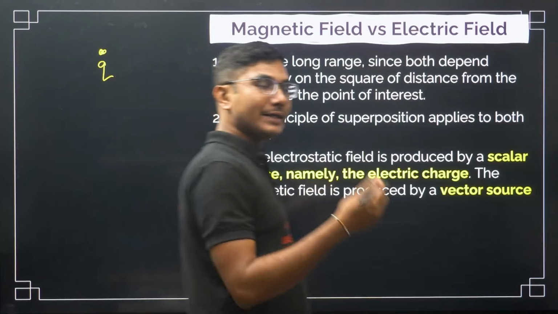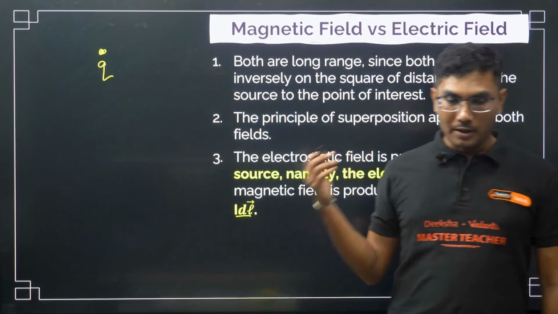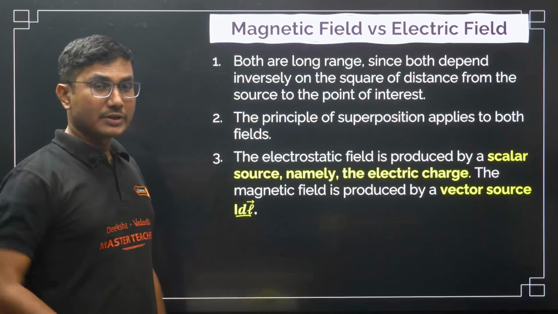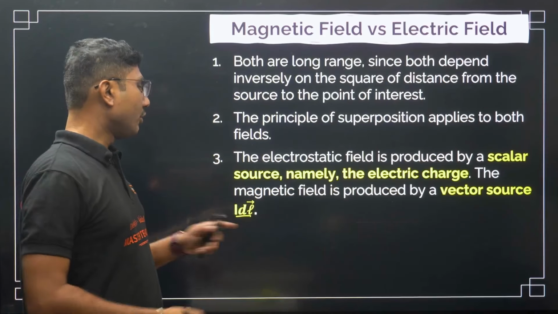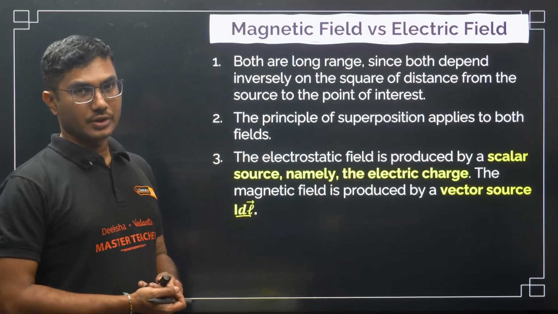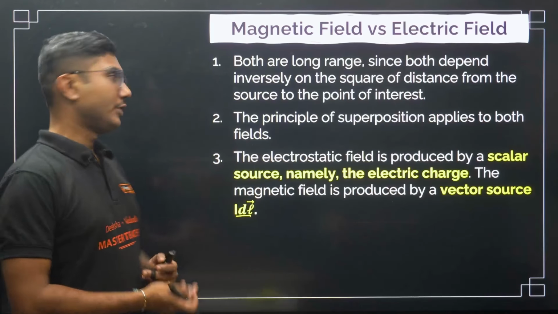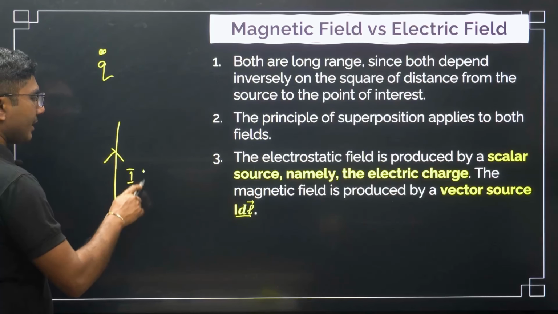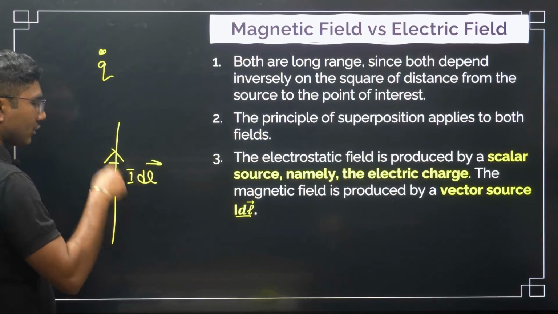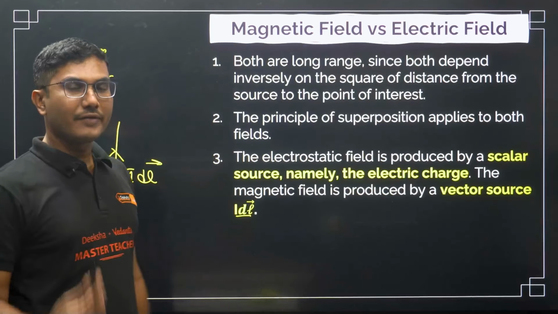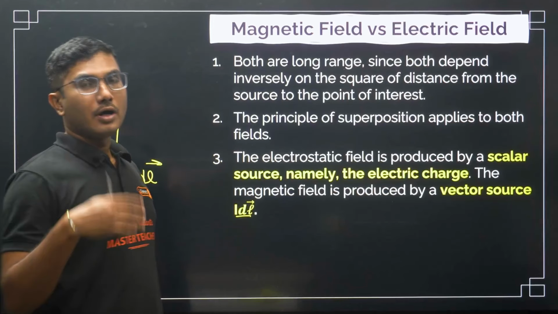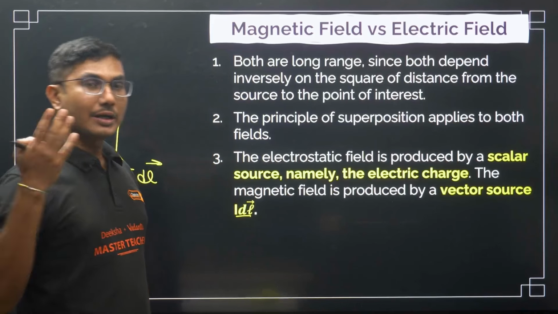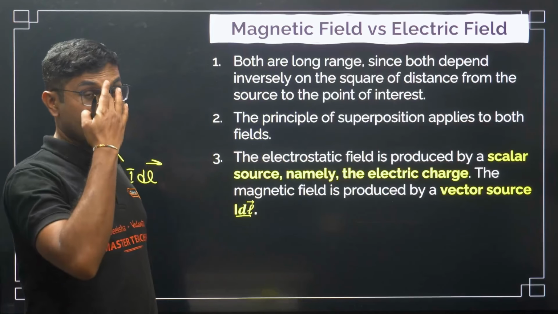I already told you, that was the Biot-Savart law, similar to Coulomb's law. So I dl is a vector source. It has a direction. If you are considering a current carrying wire, then dl will be in the direction of current, right? So I dl is a vector source, whereas in case of electric field, it was a static charge, right?